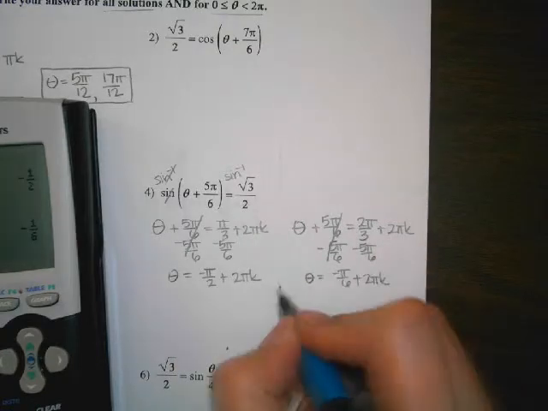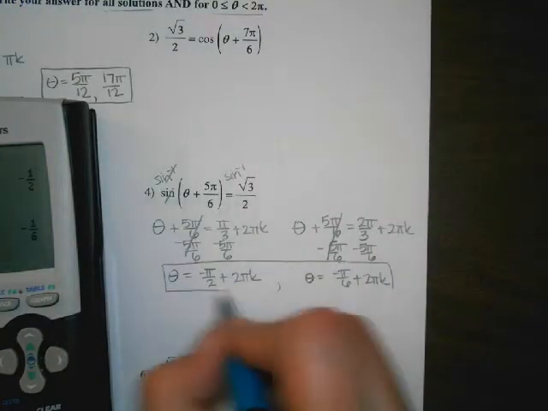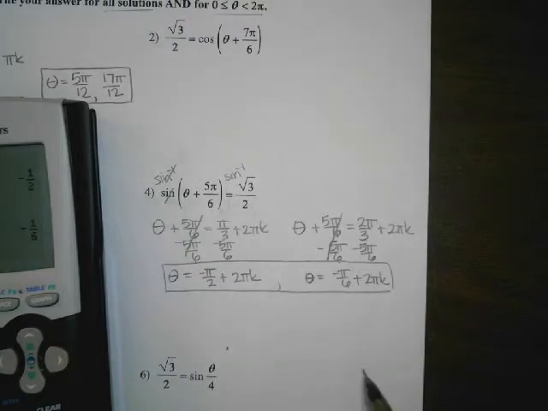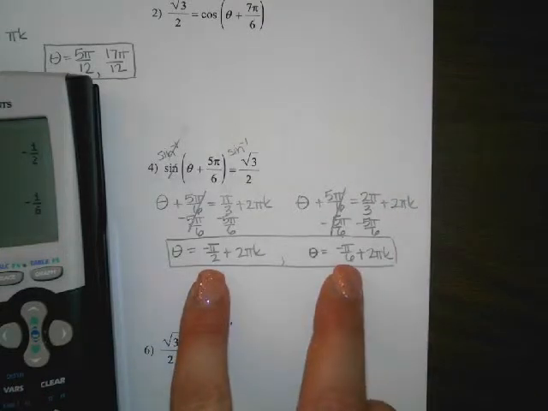And so these are my two solutions for the part of the instructions that say to find all solutions. And again, negatives are okay here because it says all solutions. And then if I just want the positive solutions from 0 to 2 pi, this graph still has a period of 2 pi, so I'm expecting that only 2 answers will show up, okay?